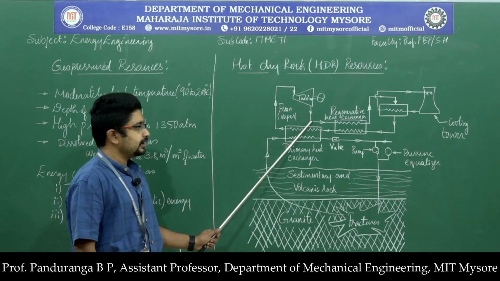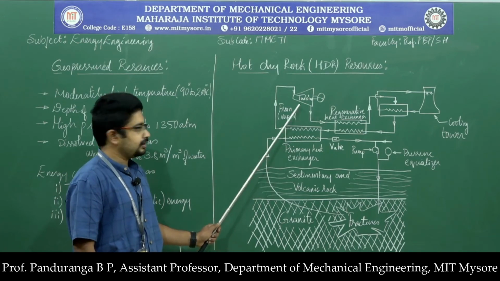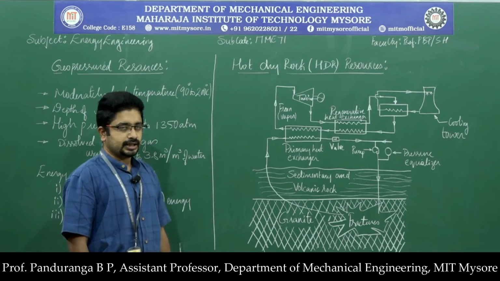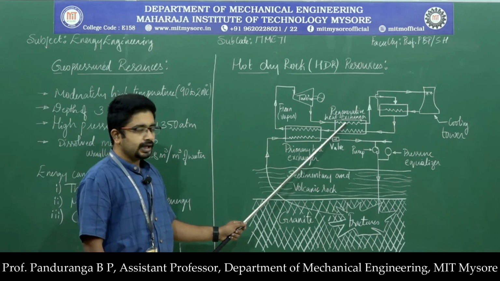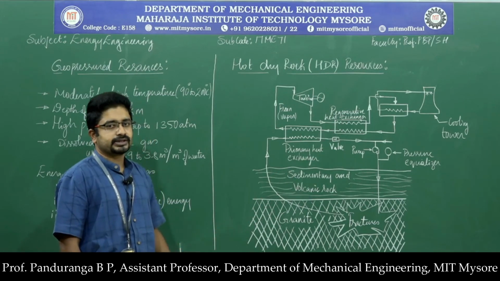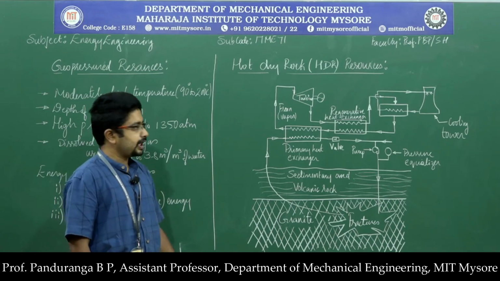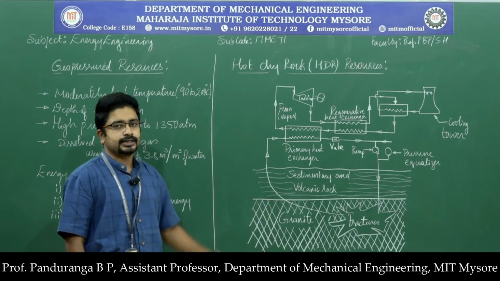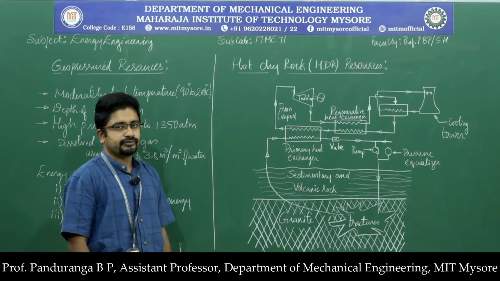Then from here, the mixed phase vapor and liquid Freon passes into the regenerative heat exchanger. In the regenerative heat exchanger, the vapor will still have a sufficient amount of heat energy, and if we send it directly to the condenser, there will be a loss of energy.